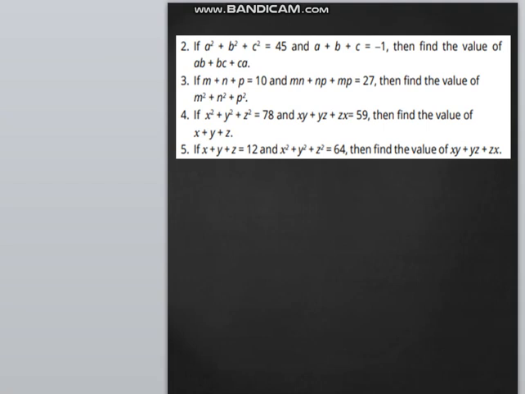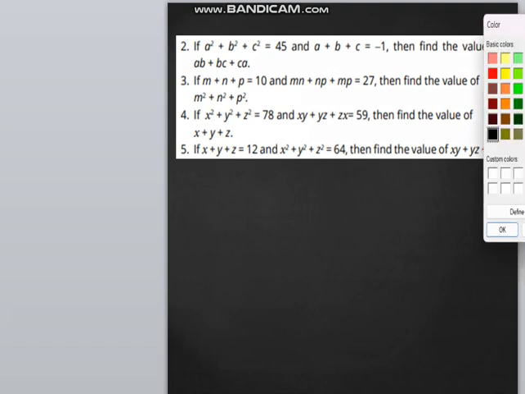Okay, so here we are. I'm going to write the formula in the space that I created for myself.